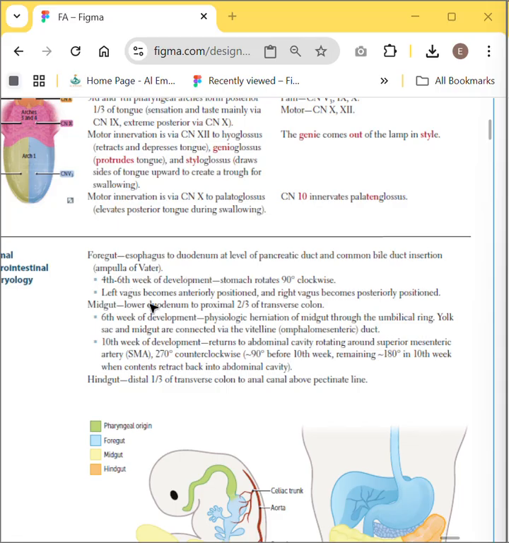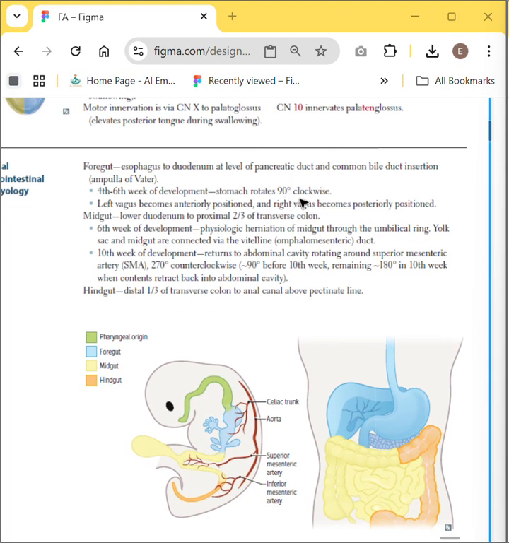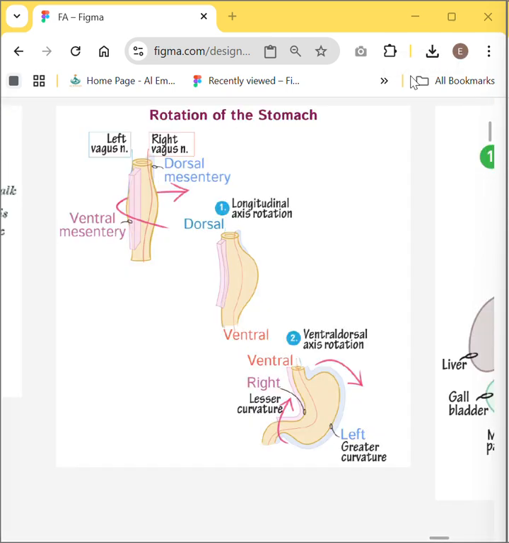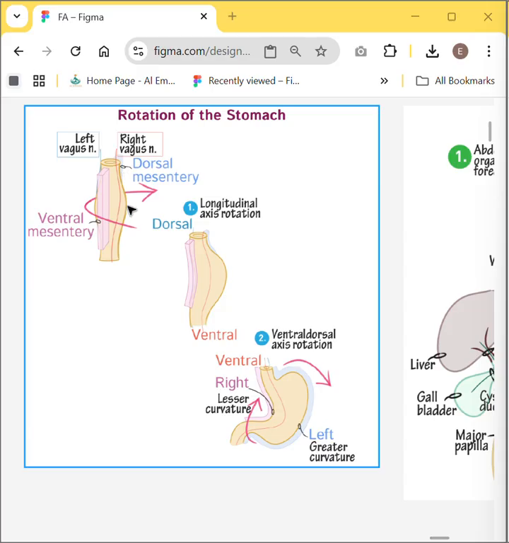So at the 4th to 6th week of development, the stomach rotates 90 degrees clockwise. You should know that, and I'll show it to you. Can you see, this is the dorsal mesentery and this is the ventral mesentery, and how the stomach is rotating basically at a 90-degree axis. When it goes all the way around, you have the ventral here and the dorsal on the opposite side.